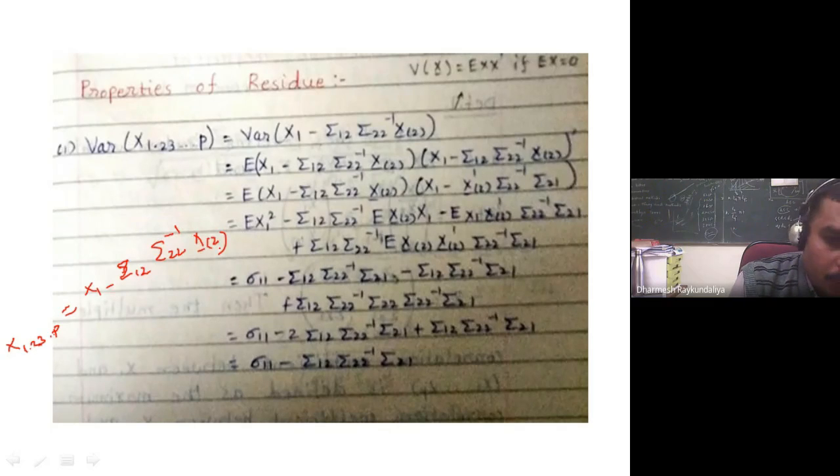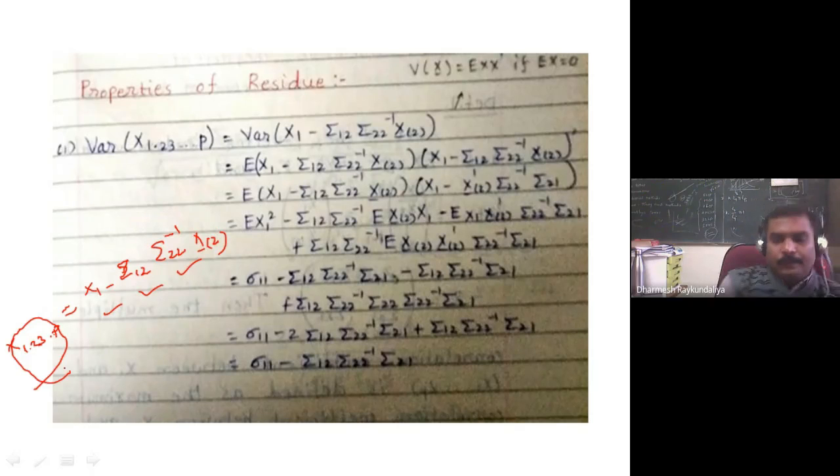So given a value of x2, if you know the value of sigma 1 2 and sigma 2 2 inverse and x1, you can easily obtain these residuals. Now if you wish to find out the properties of residuals, so here what is the x1? X1 is nothing but the observed value, and this quantity is known as the predicted value of x1.